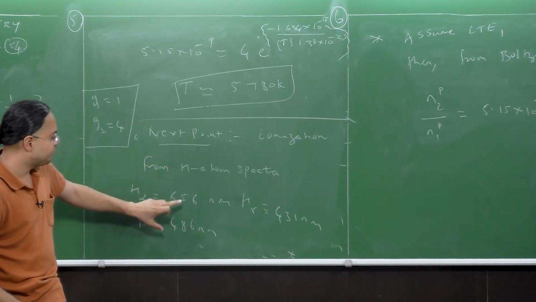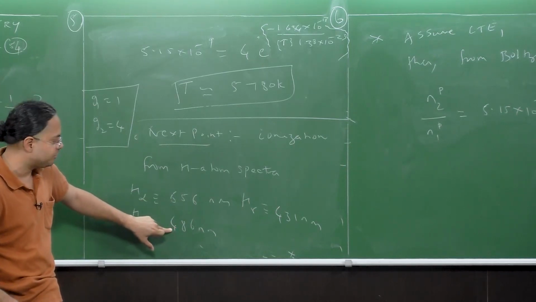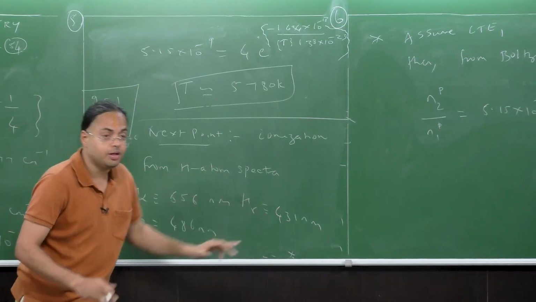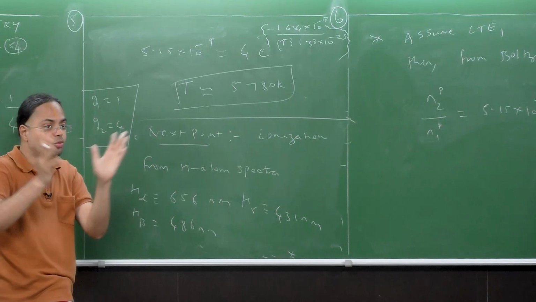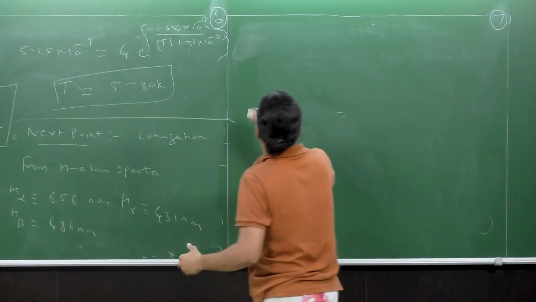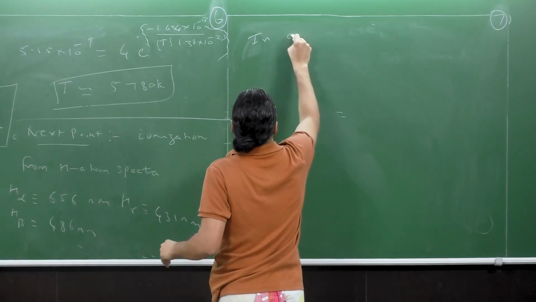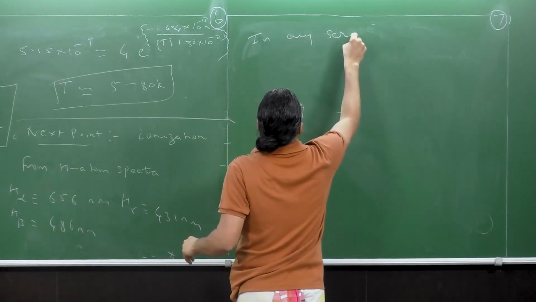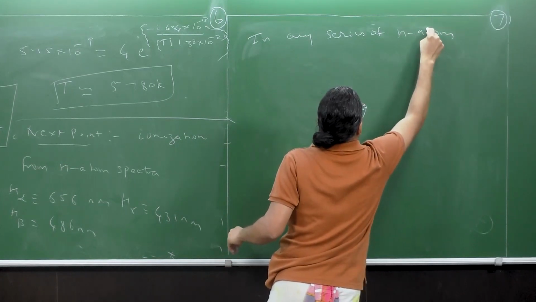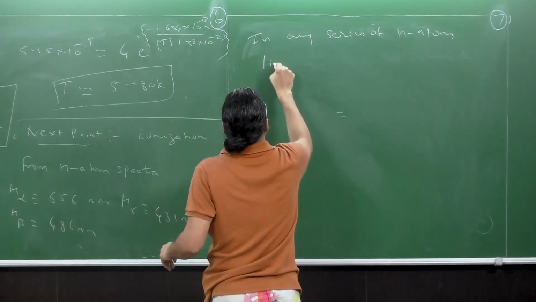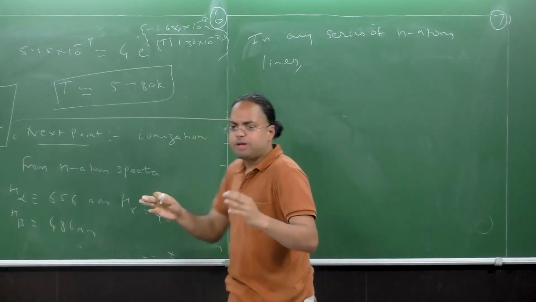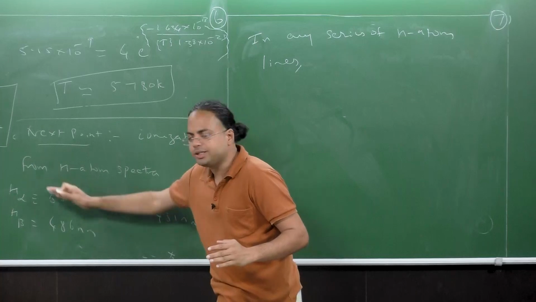Now, the point is, if you look at the difference between H alpha and H beta, the difference is 656 minus 486. But between H beta and H gamma, that is 486 minus 431. The difference is getting narrower and narrower. In any series of the H atom lines, you start off with a significant difference between H alpha and H beta.